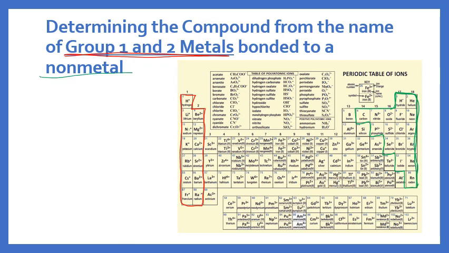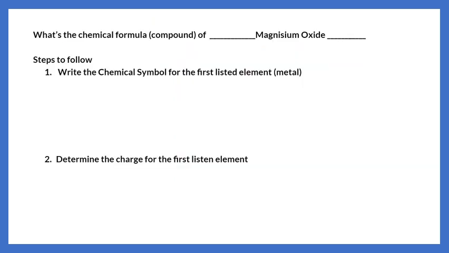Okay? So let's see what that looks like for group 1 and 2 metals. So the first thing it asks is, sorry, what is the chemical formula for magnesium oxide?